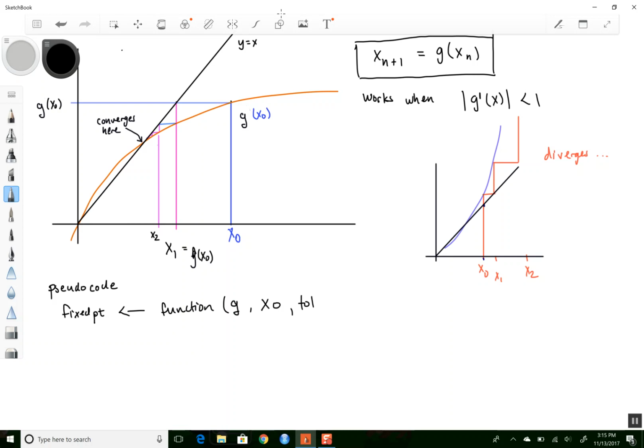The tolerance value, because this can continue on forever, will be a point where, you know what, at my current iteration and my next iteration, the difference between these two values of x was really small. Okay, and we say, at this point I'm going to say x didn't really change, therefore we have converged.